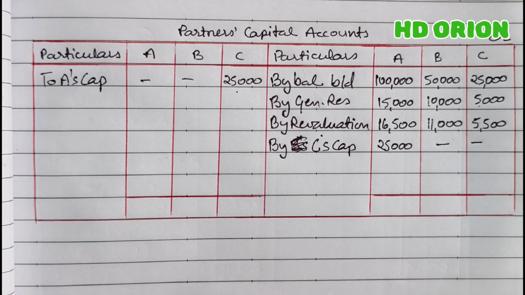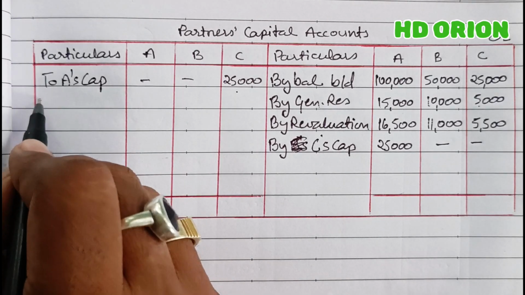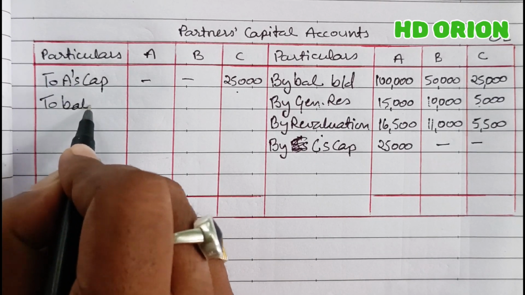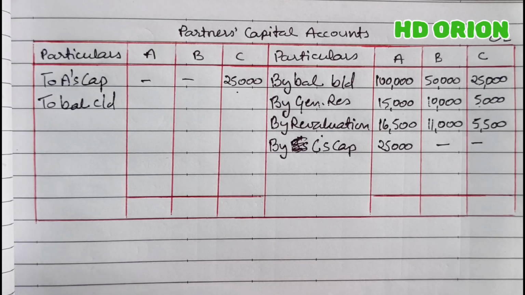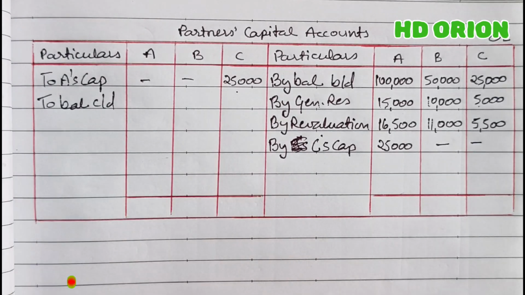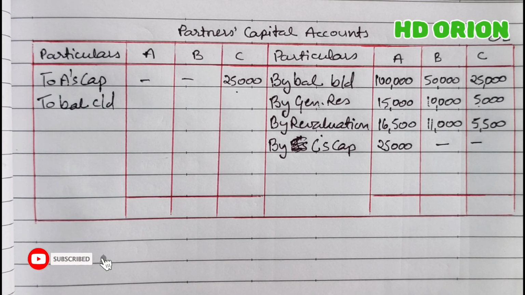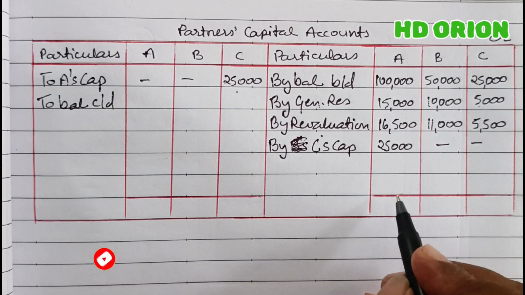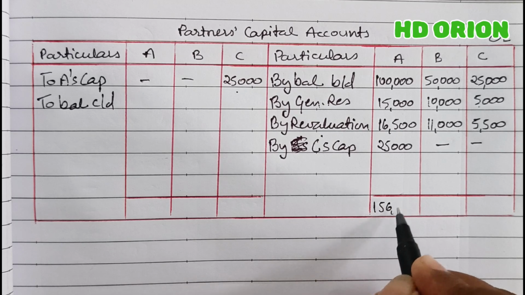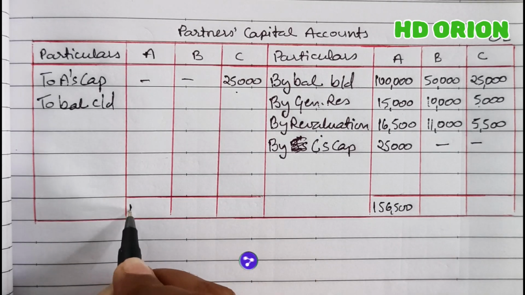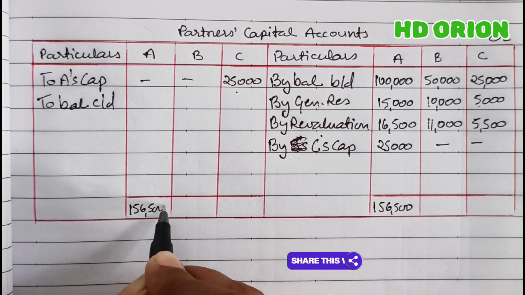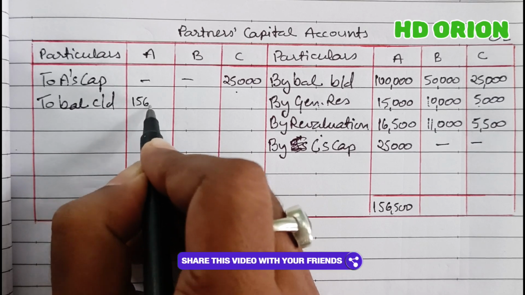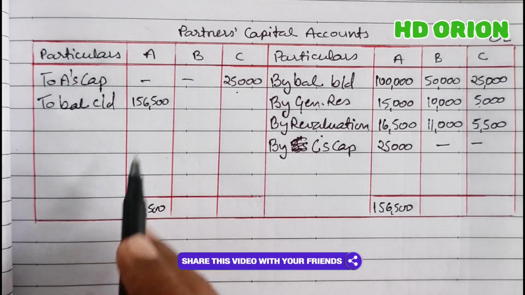Now all the information has been transferred here. We will close the account. To balance close down, we will get a credit balance. We will grand total it and we will put the balancing amount here. So here grand total is rupees 1,56,500, balancing figure.